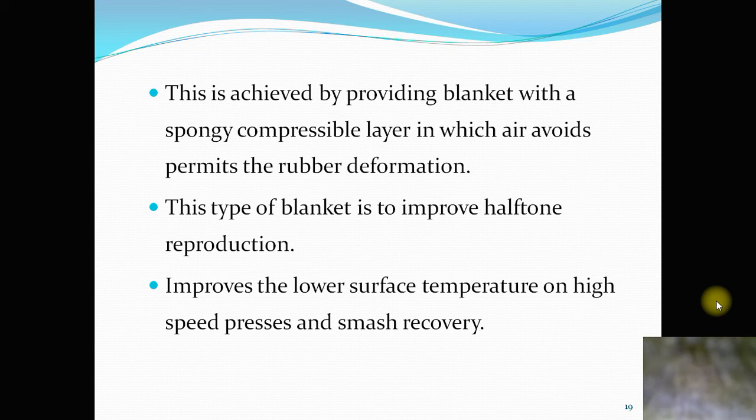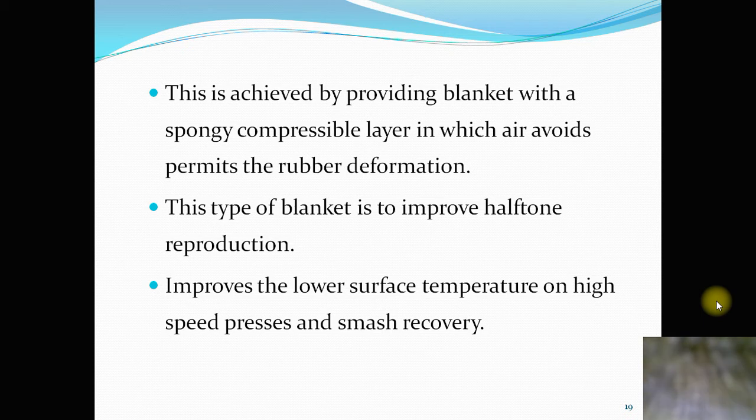When the blanket cylinder is rotating, it definitely produces a certain amount of heat. The heat may affect the rubber surface of the blanket. But when there is an air void in between the layers, the air will go out and come again. So in this process, the blankets are cooled. Because of that, the temperature also will reduce.